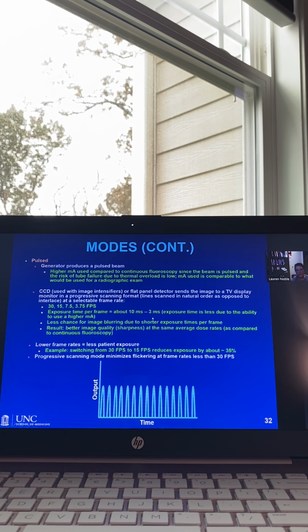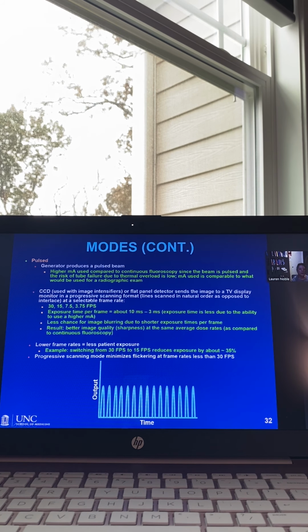So the exposure time is really short when you use a pulsed unit. You don't need to memorize this, but I just wanted to show you in comparison to the 33 milliseconds, we're talking about only 10 milliseconds to 3 milliseconds for image display to occur. So we do end up with less chance for image blurring.